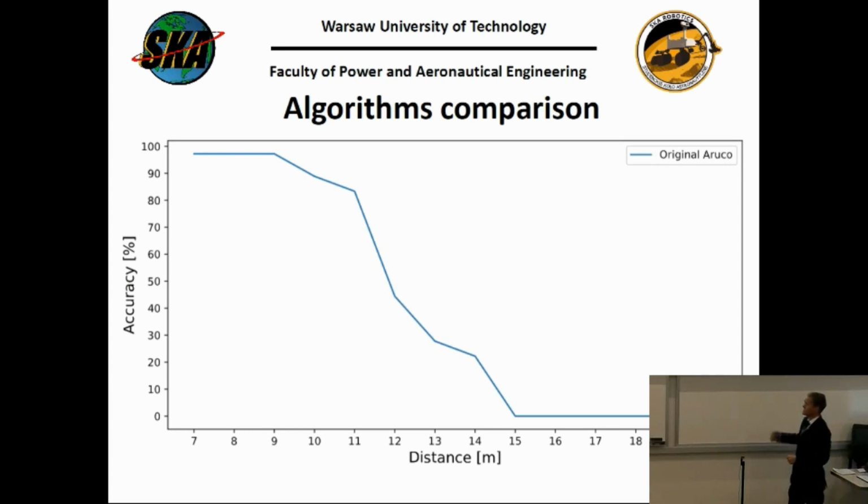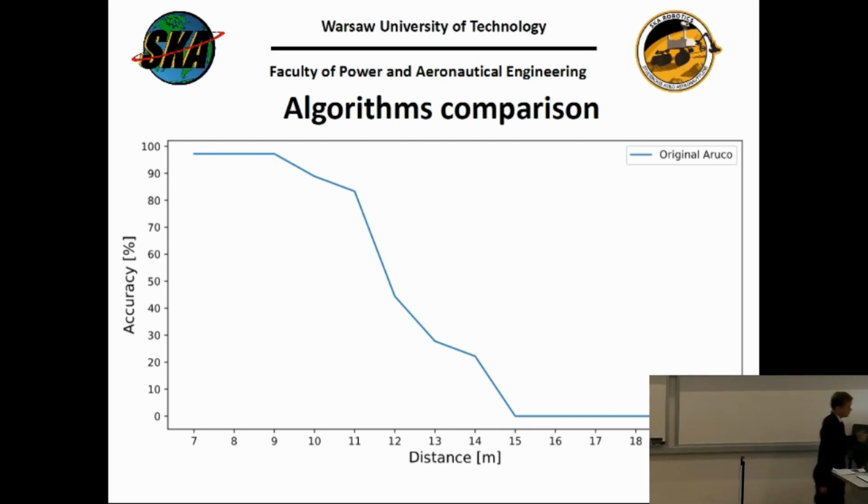So on this chart, on the horizontal axis there is distance in meters, distance from markers to the camera, and on the vertical axis there is accuracy at a specific distance. For original Aruco without parameters optimization, we can see that it couldn't detect any markers at a higher distance than 40 meters.